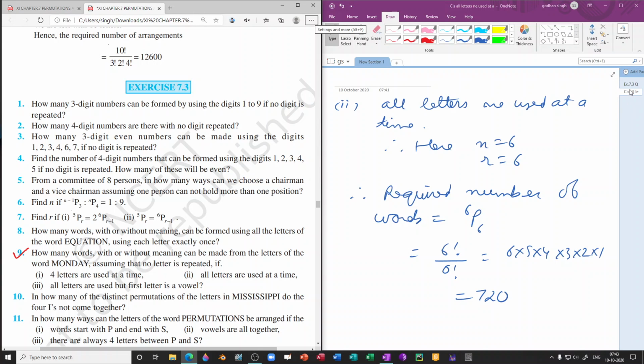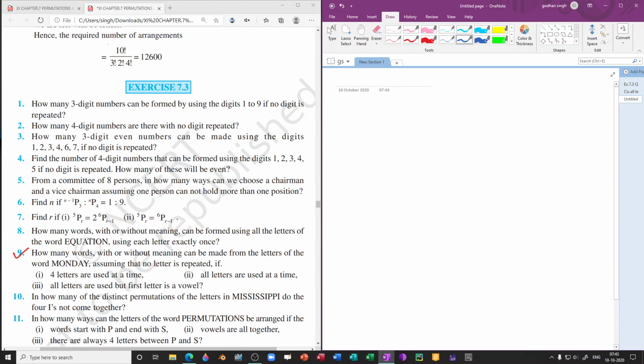Now let us do the third part. The third part, what we have to find, that all letters are used, but first letter is a vowel. So how many places are there to be filled up? There are 6 places to be filled up. So doing the third part, let the places to be filled up be 1, 2, 3, 4, 5, 6, there's 6.